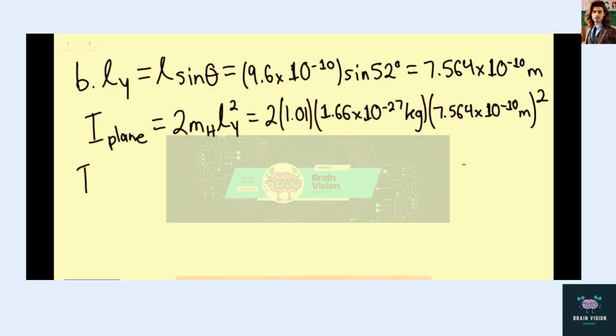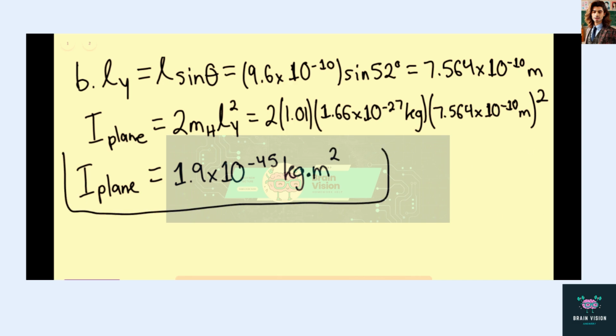And we find that the moment of inertia, when the axis of rotation is in the plane of the H2O molecule, would be equal to 1.9 times 10 to the negative 45th kilogram meters squared. So this would be our answer for part B.